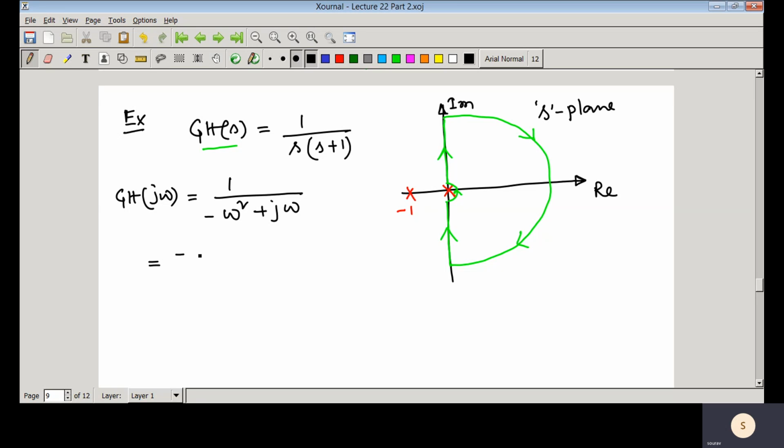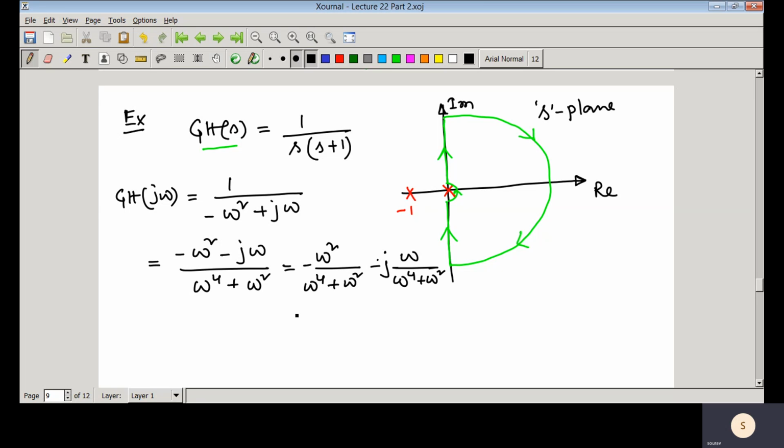And if you rationalize that one, because you need to just write in real part and imaginary part, you get minus omega square over omega to the power 4 plus omega square, minus j of omega over omega to the power 4 plus omega square. So then you have omega square plus 1, minus j of 1 by omega square plus 1. So this is that real part and imaginary part.